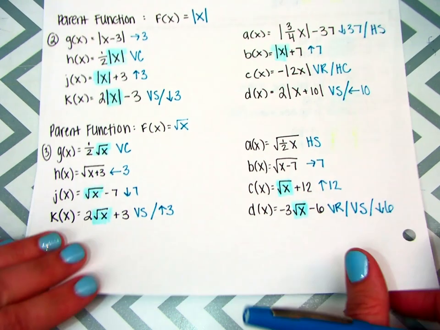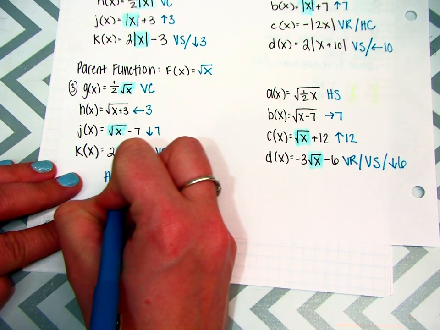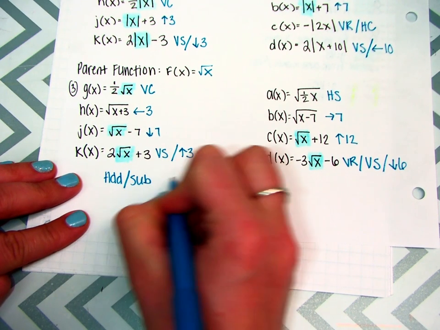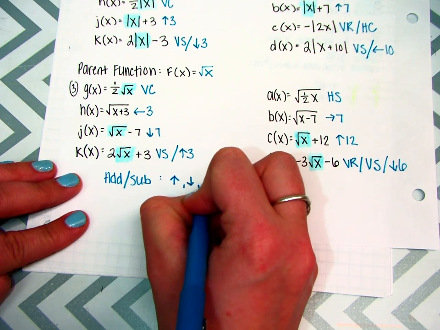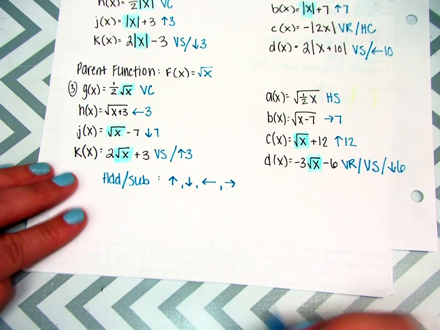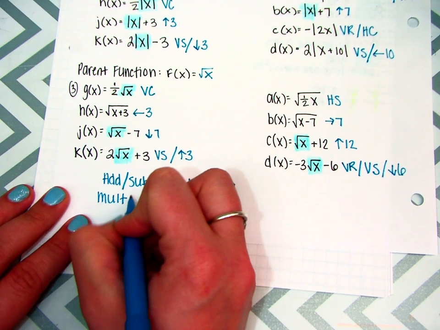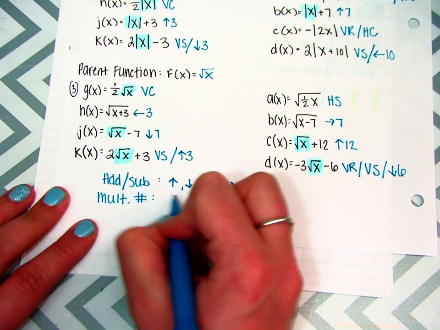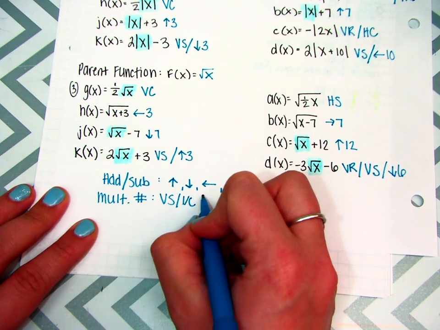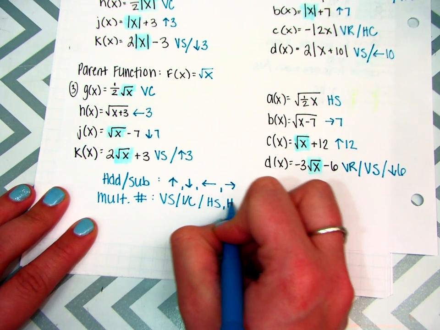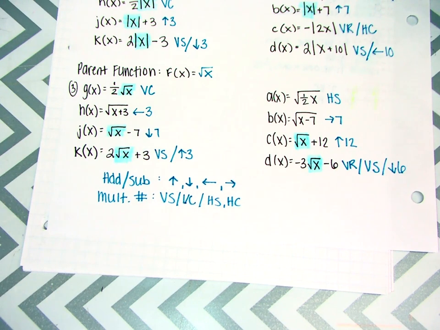But if you're having trouble, some things to remember. If you are adding or subtracting, you are either going to go up, down, left, or right. Like it's a shift. If you are multiplying by a number, it's a vertical stretch or a vertical compression or a horizontal stretch or horizontal compression, depending on the location of the number.